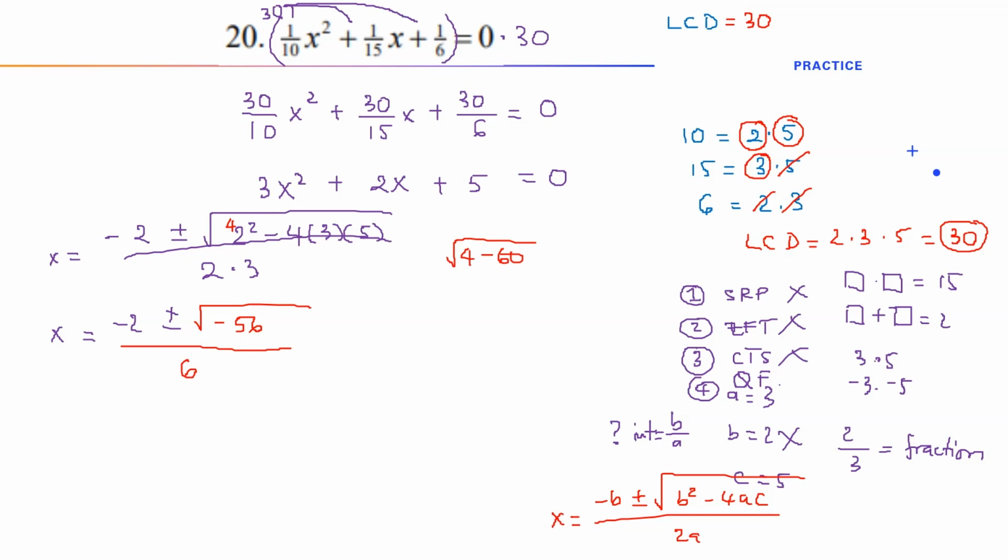And remember that 56 is what? 7 times 8, and 8 is 2 times 4. This is 2 squared, right? We can take it out of the square root. So that has the negative. We will go with x equals negative 2 plus or minus 2i square root of 7 times 2 is 14 over 6.